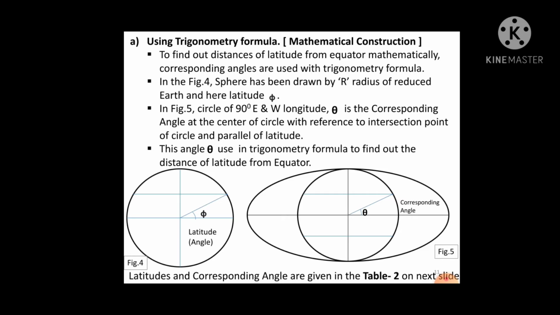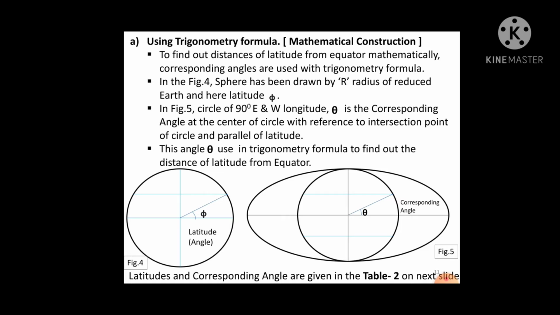With respect to the equator, you will have one angle as shown here, theta, that is called the corresponding angle, and it is not exactly equal to the latitude except at 0 and 90, okay. In between you will have new angles, and those angles are called the corresponding angles.